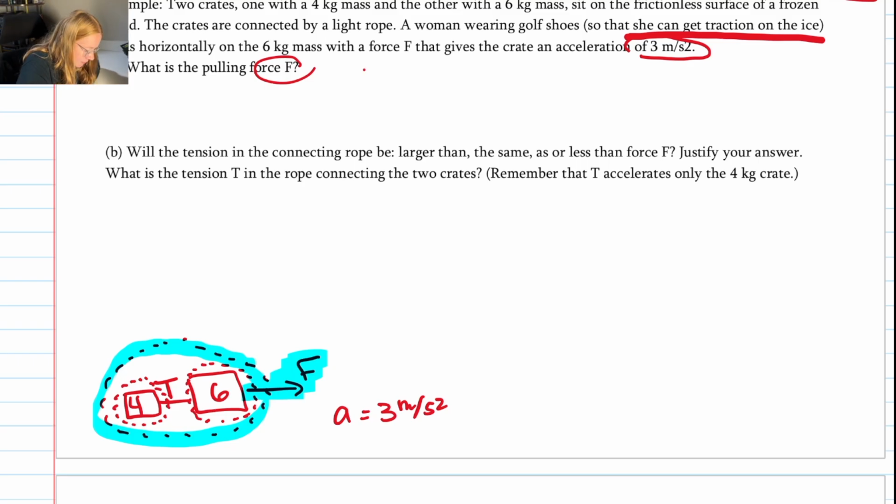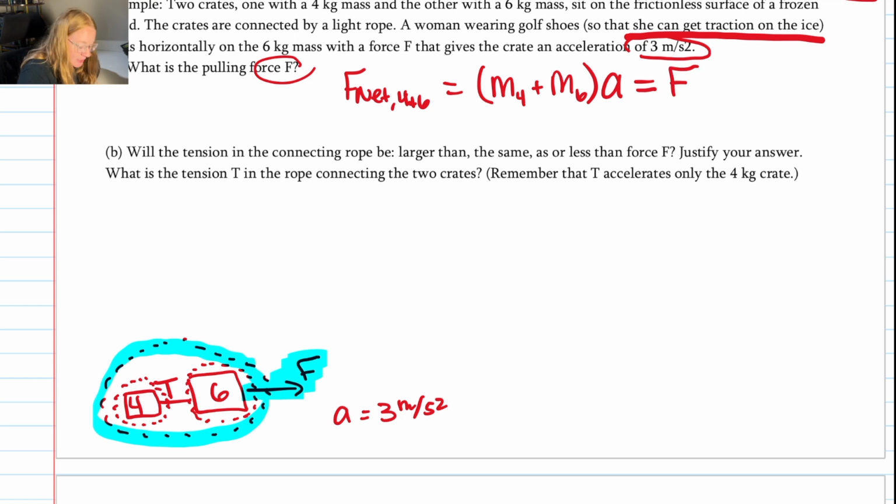Okay, so if we do an F net equation on both 4 and 6, you have mass 4 and mass 6, because we didn't really do 1 and 2, times acceleration, and the only force is that pulling force. The tension is inside the system, it's not crossing that boundary. We only consider forces that are coming in and out of the system we defined.